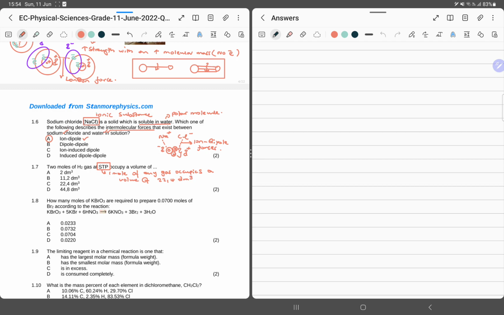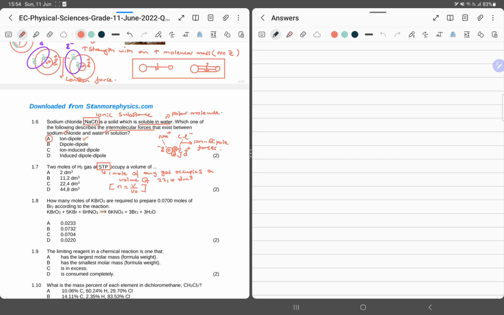At STP, be it a real gas or a noble gas or what we call an ideal gas, 1 mole of that gas will occupy that volume. Okay, it doesn't matter which one. This is the basis of this formula that says the number of moles is volume over the molar volume at STP. So that's how we derived that volume, by knowing this piece of information.